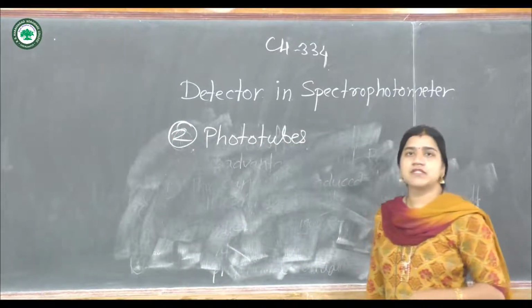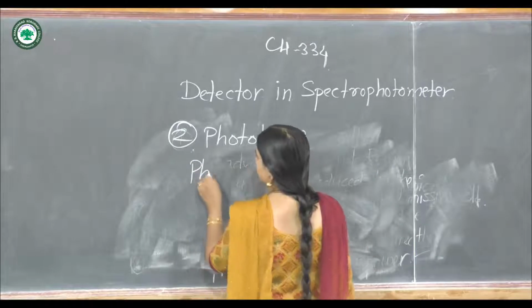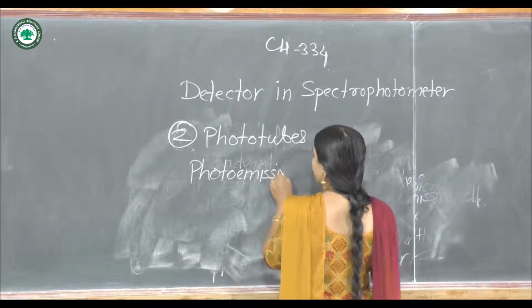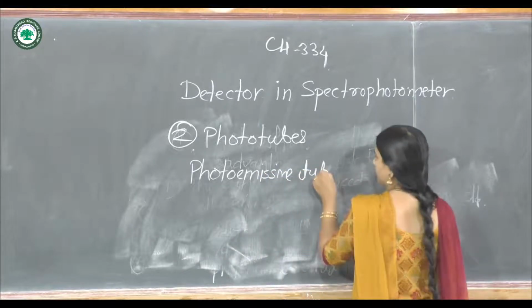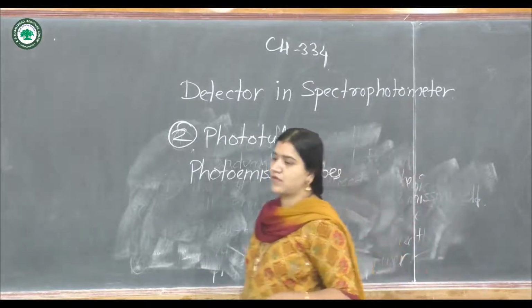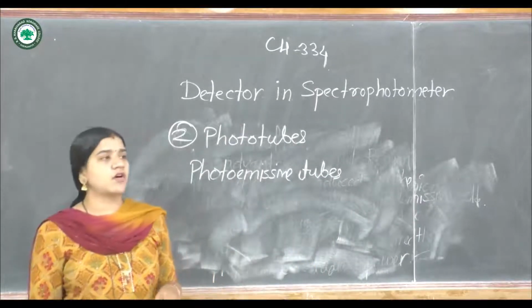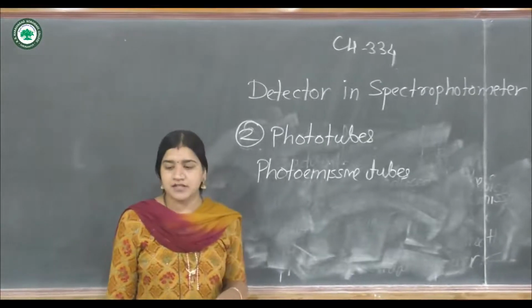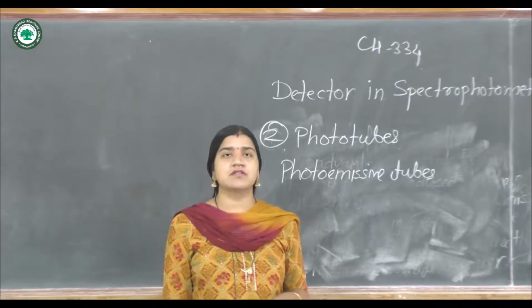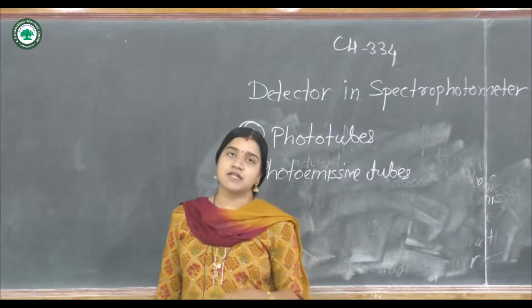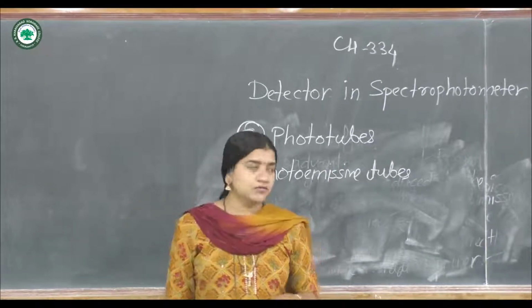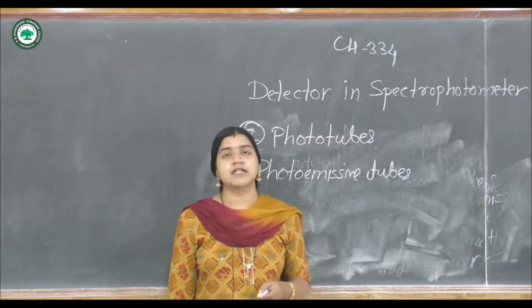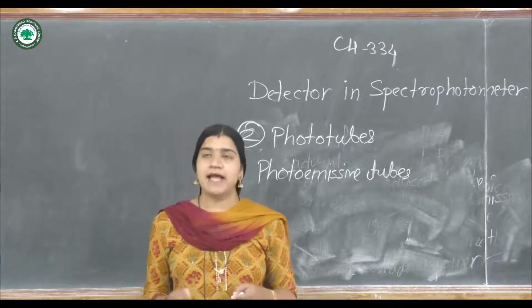In the photoemissive tubes, the radiant energy falls on the photosensitive solid surface and causes the emission of electrons.